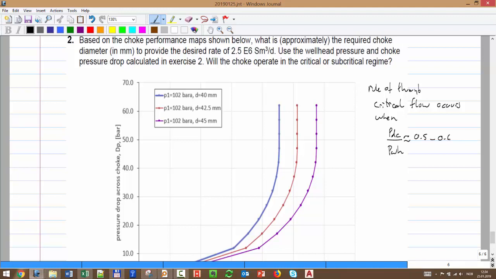When it's that number or lower, less or equal, okay, if for example I have a big drop, this will become smaller, and therefore this will be below 0.5 or 0.6. That's actually where I have critical flow at that point.